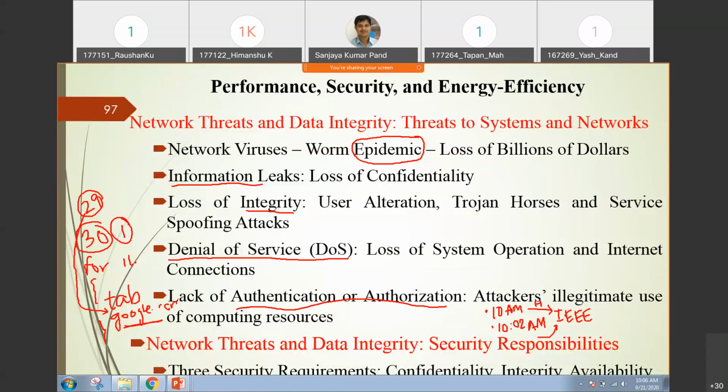It is not possible that within 2 minutes a person using the email ID from Hyderabad will use it in another location, let's say New Delhi.